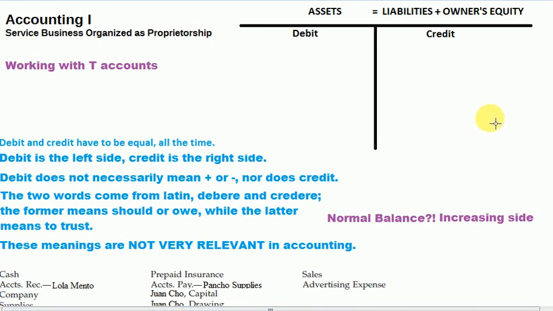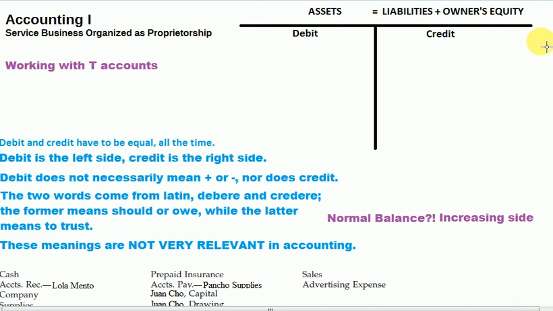Alright, so now let's take a look at owner's equity. Owner's equity is what belongs to the owner. The legal right of an owner to claim the asset. So let's imagine that a business has a lot of assets.